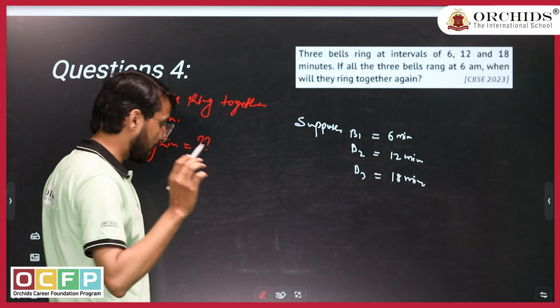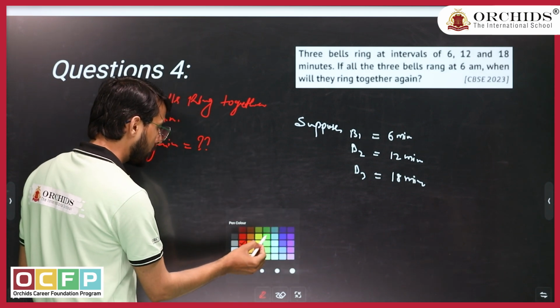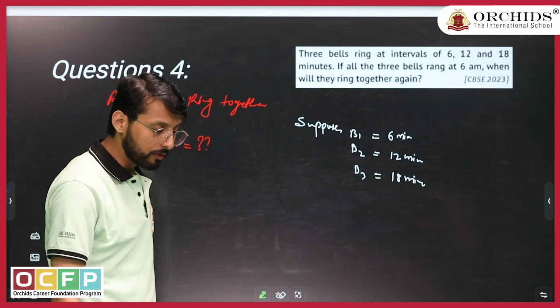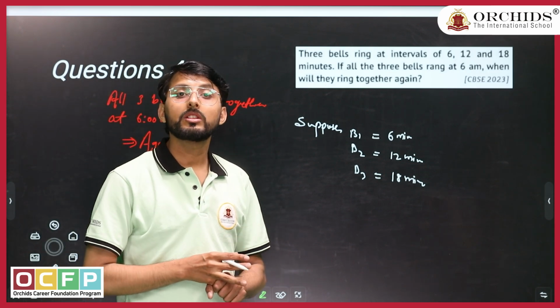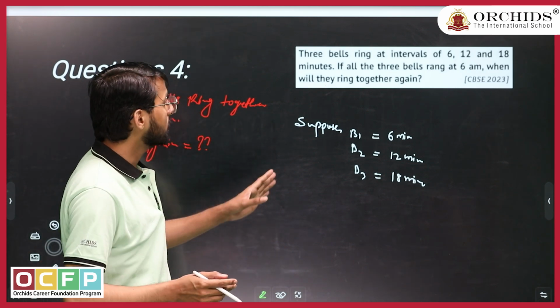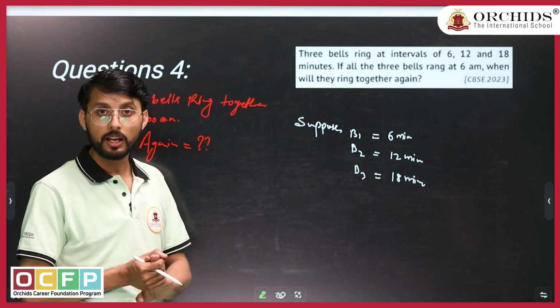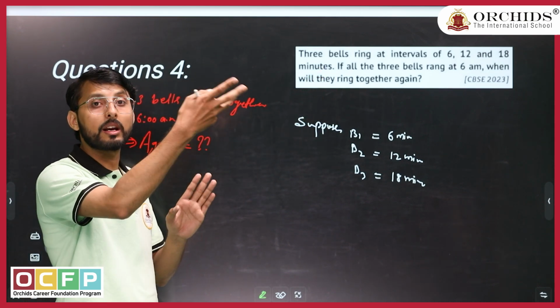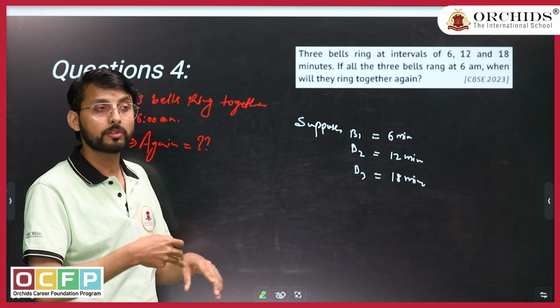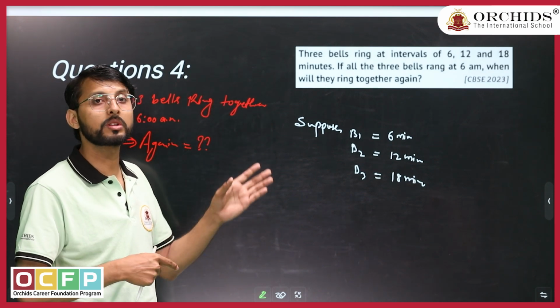So let's see. First try to think which application part of real numbers this is. Is this an HCF or an LCM question? At 6 o'clock in the morning all 3 ring together, so the next time will be later than 6.